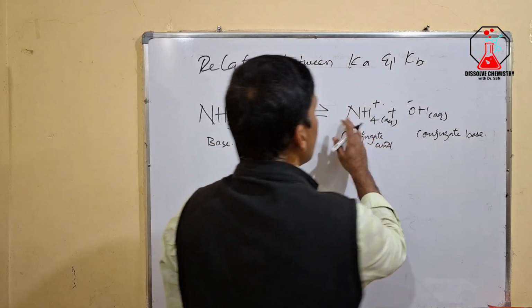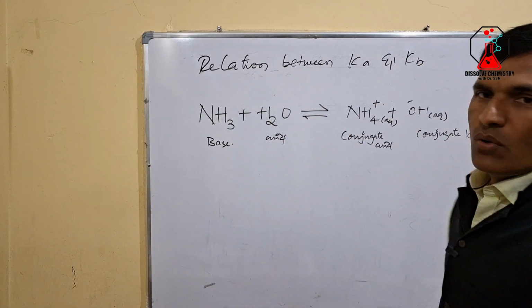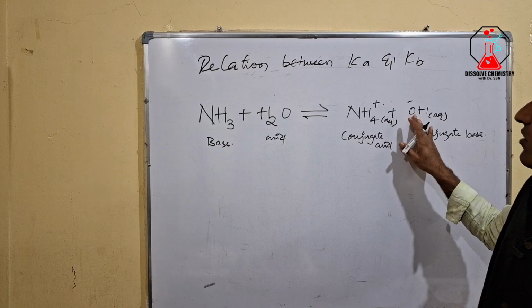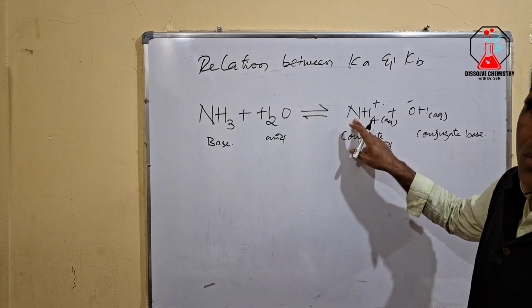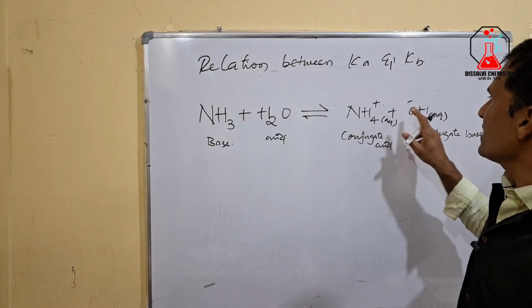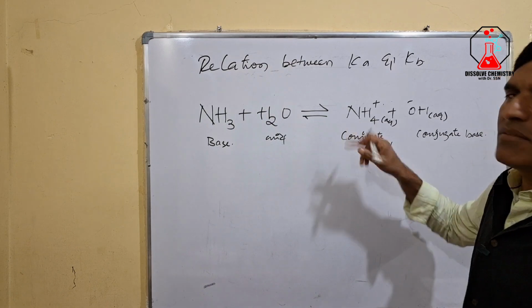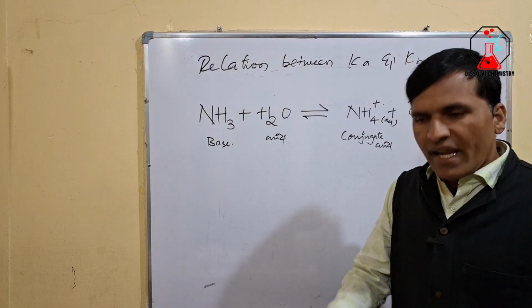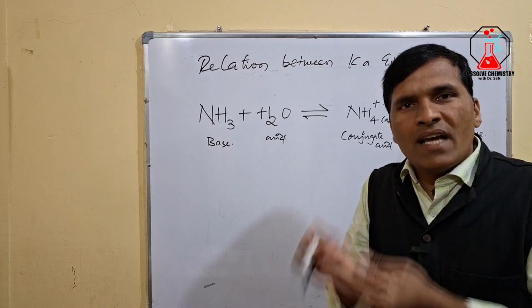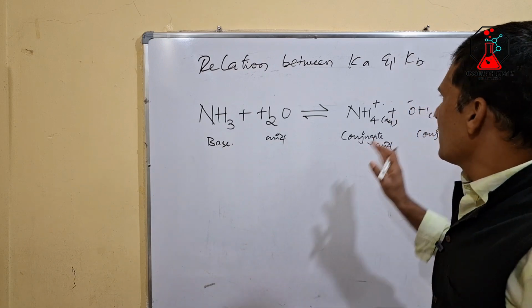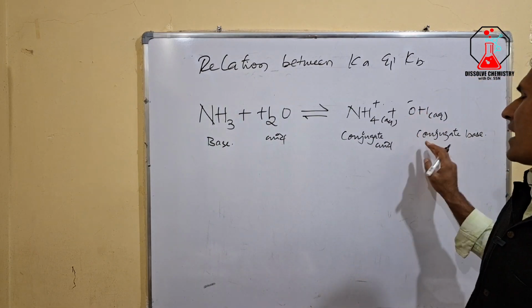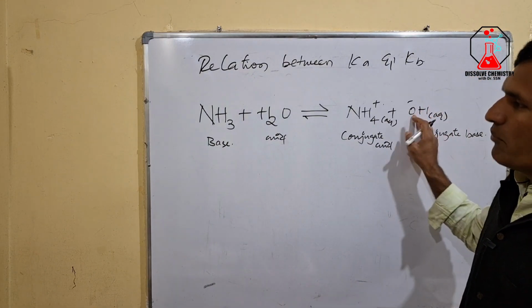So it can readily give it back to the OH minus ion. As it gives back the proton, it acts as a conjugate acid, meaning it has a certain tendency to give back that proton. So it acts as an acid, whereas the other is acting as a conjugate base.